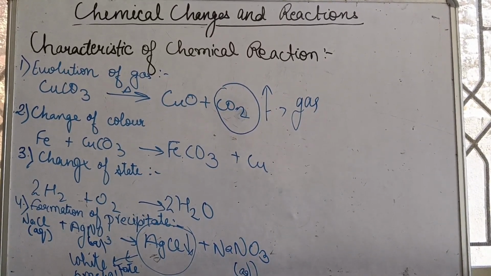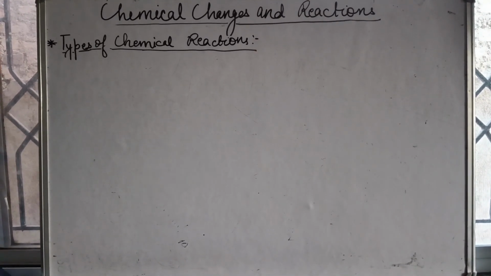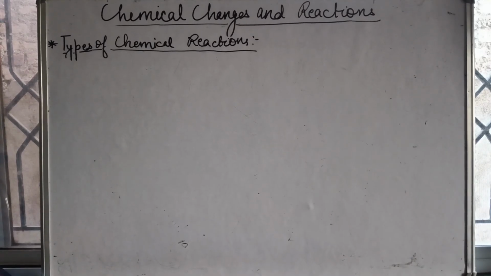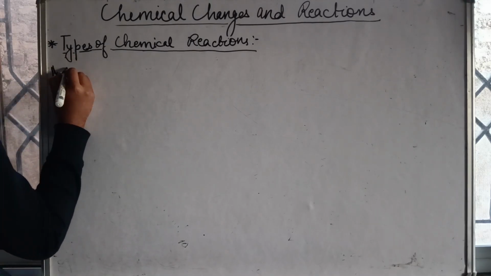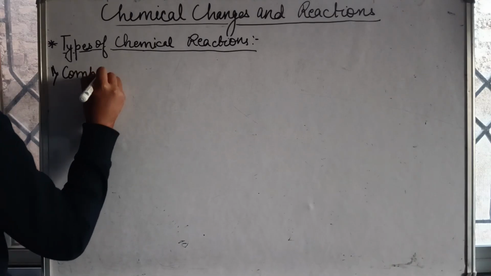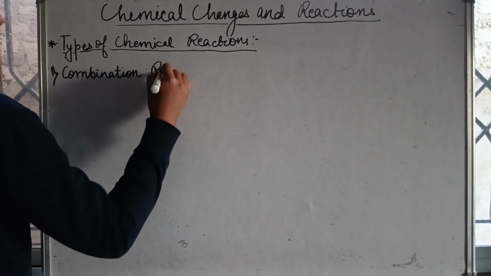Next, let us discuss the types of chemical reactions. So mainly there are four types of chemical reactions, amongst which the first one is the composition reaction. We call it composition also, combination also, but the more appropriate one is combination reaction.